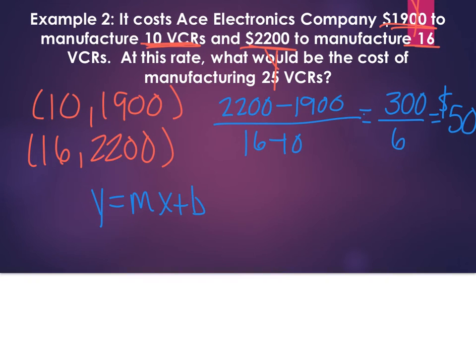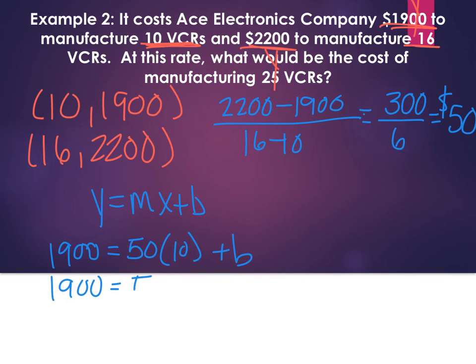y equals mx plus b. I'm going to use either point, it doesn't matter. I'll use this one. 1900 is equal to, it costs $50 to make a VCR, times 10, but we need to figure out that initial cost, or how much it's costing to just rent the place to make the VCRs. So that's 500.